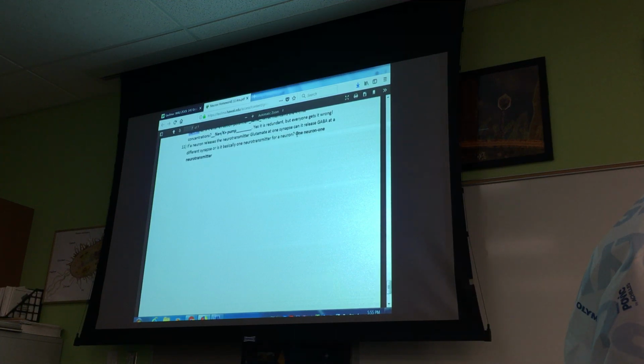You can have peptide factors that are released by both, but we're not talking about peptides. That's why I made sure for this part, because I knew you'd look it up on Wikipedia. But a neuron can receive different neurotransmitters. The neuron does receive synapses from a variety of different neurotransmitters.